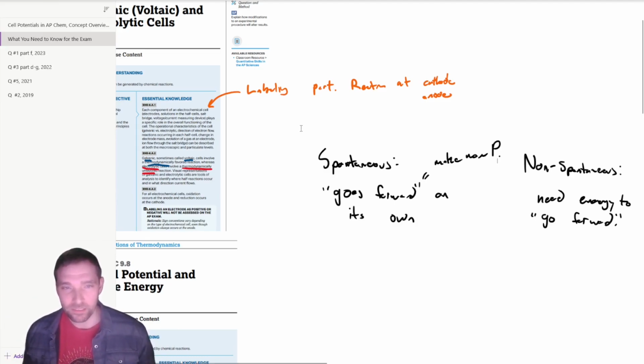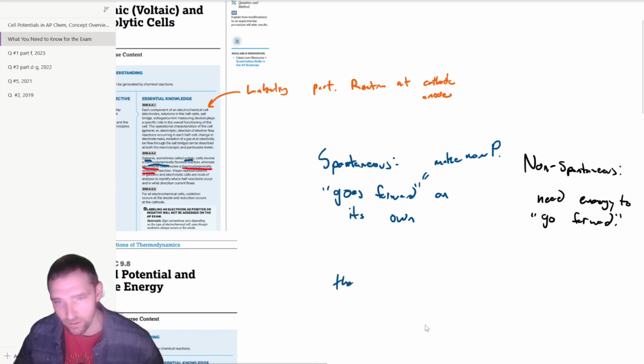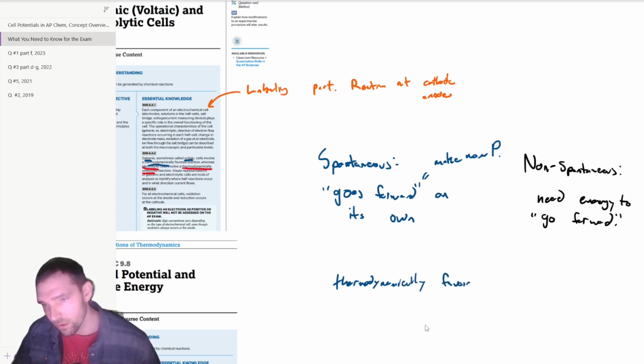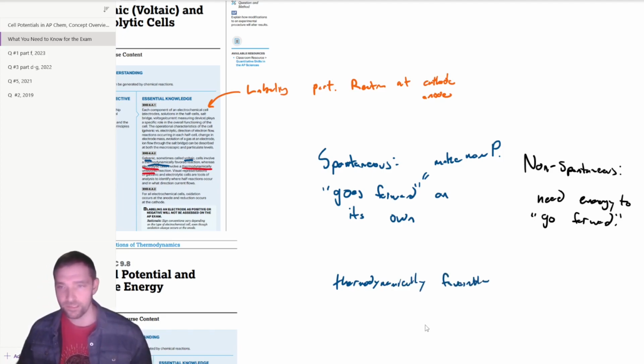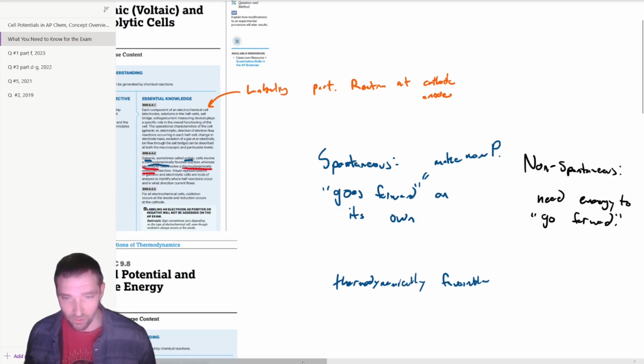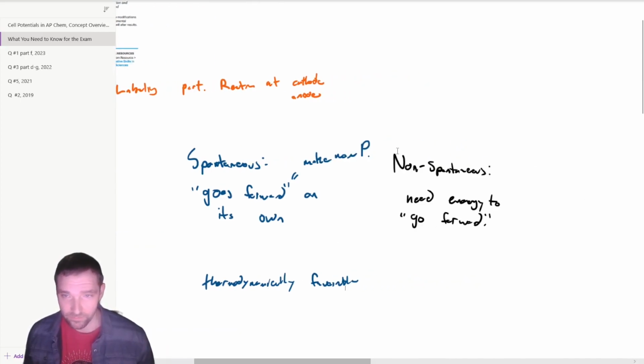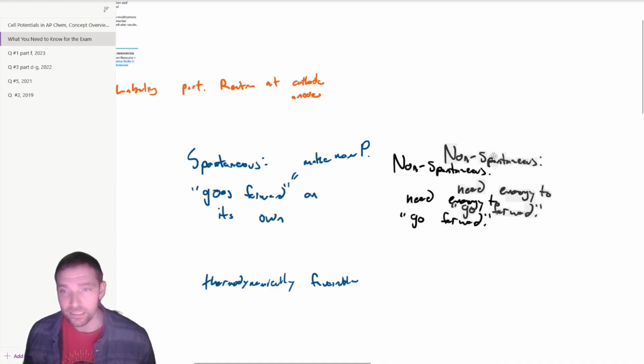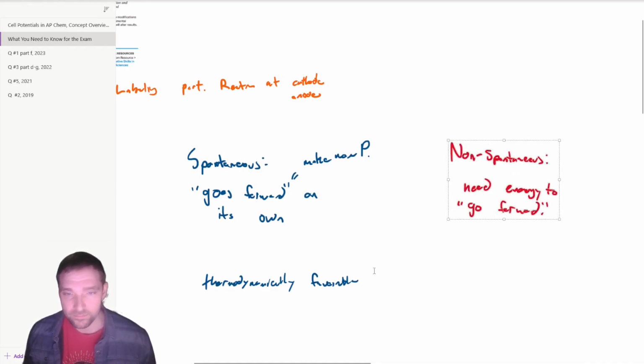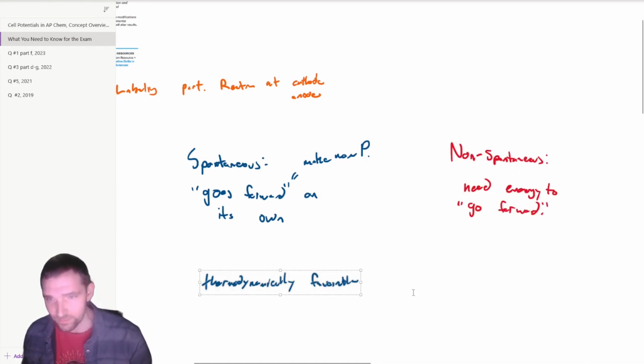If we're talking about spontaneous, this is what I would think of as something that's thermodynamically favorable, versus the non-spontaneous, which is going to be thermodynamically unfavorable. So we've got the spontaneous versus the non-spontaneous.